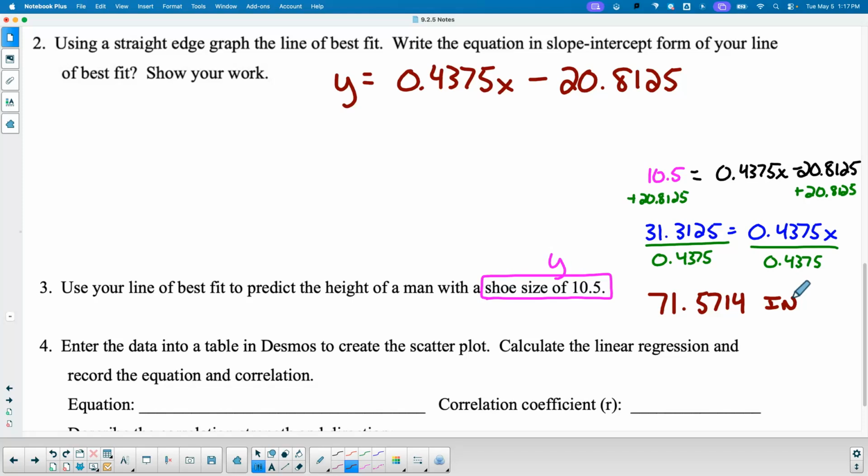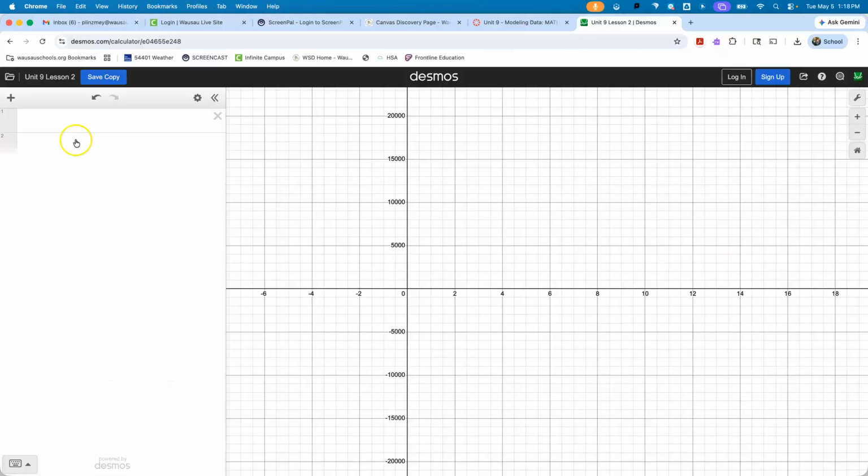Now it says to make a scatter plot in Desmos. So remembering how to make that, we have to make ourselves a table. First value in the table was what? 8.5. Okay.